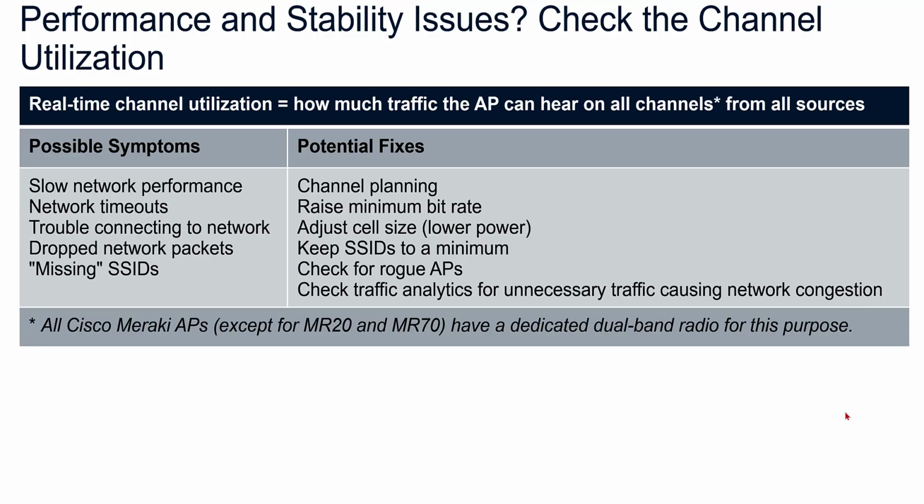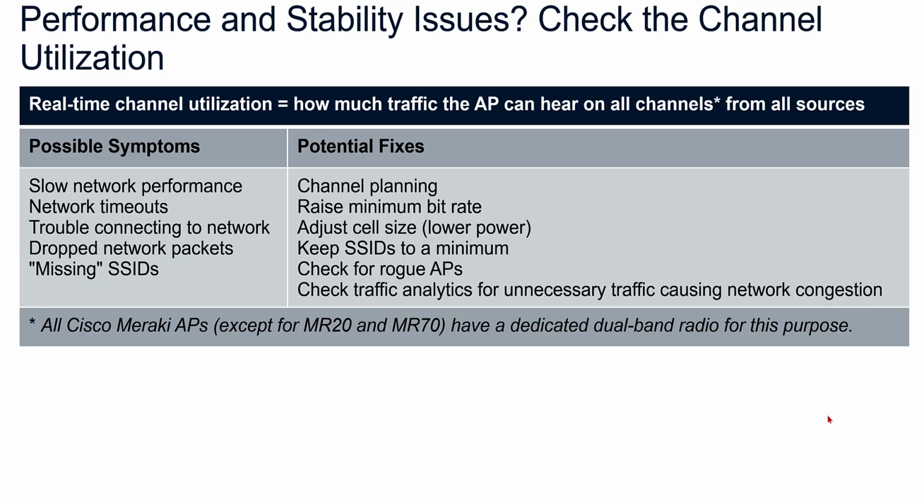So what is channel utilization? It's the percentage of time the radio frequency medium is busy. It's literally not just your traffic. It's all the traffic that the AP can hear. The clients, the neighboring APs, rogue devices, non-Wi-Fi interferers. And if the channel's busy, guess what the client's going to have to do? The client's going to have to wait to transmit.